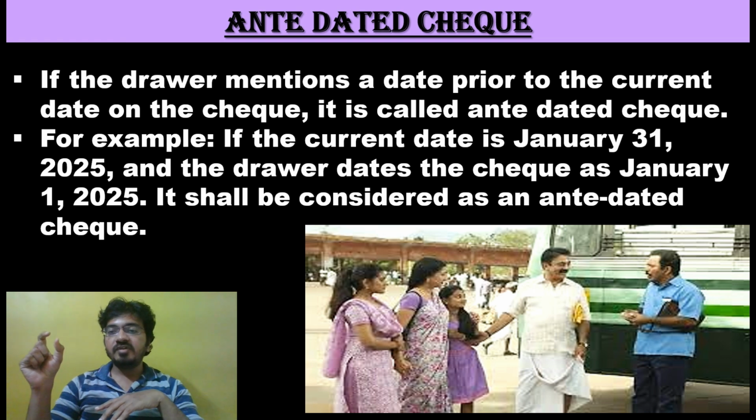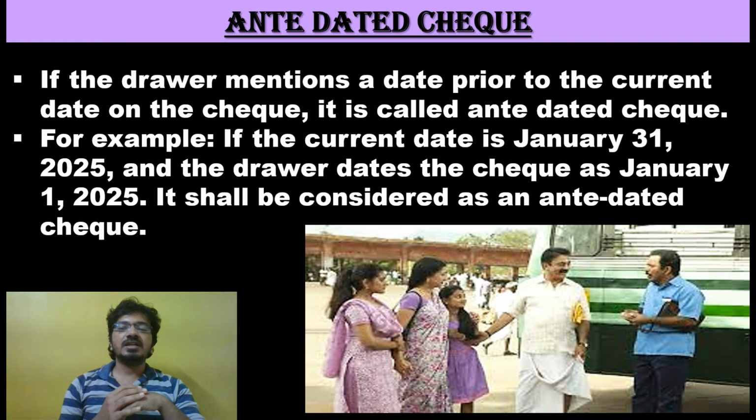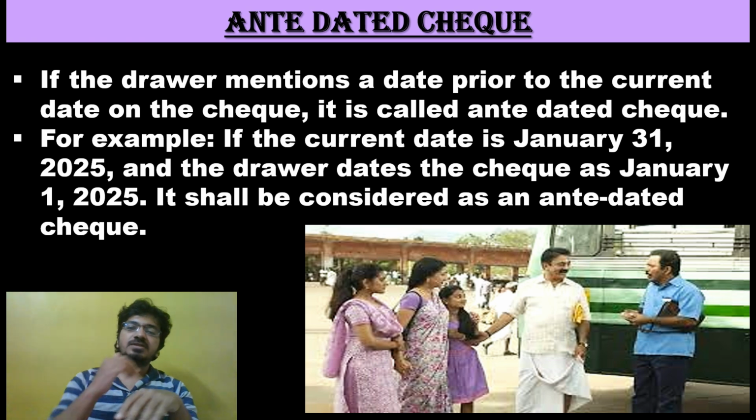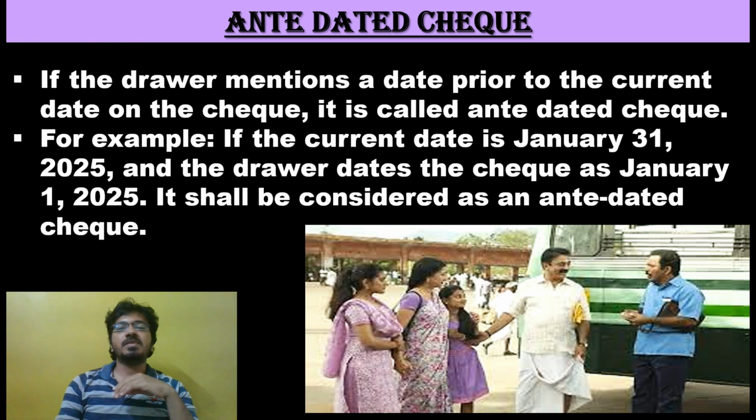Now the check will be valid only 60 days, because one month has already been neglected by you. In this case, you are indirectly reducing the time span of the check. So only 60 days will be available for the payee to get the encashment. Within that 60 days, he has to go to the bank and get the payment.